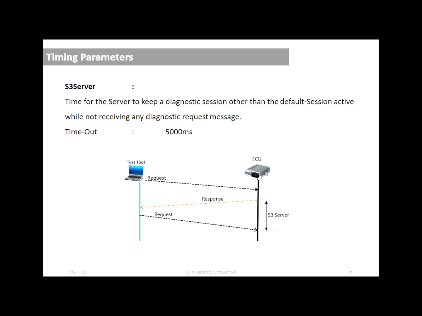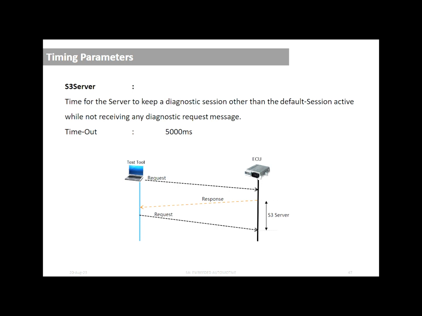So how this S3 server and P2, P2 star, these are very important. Once again I am repeating, P2 is a timeout of the client to wait after successful transmission of the request message for the start of the incoming response message. P2 star means the enhanced time for the client to wait after the reception of a negative response message with the code 78.